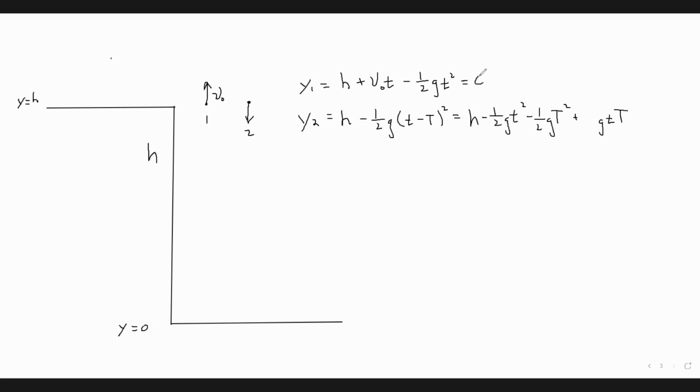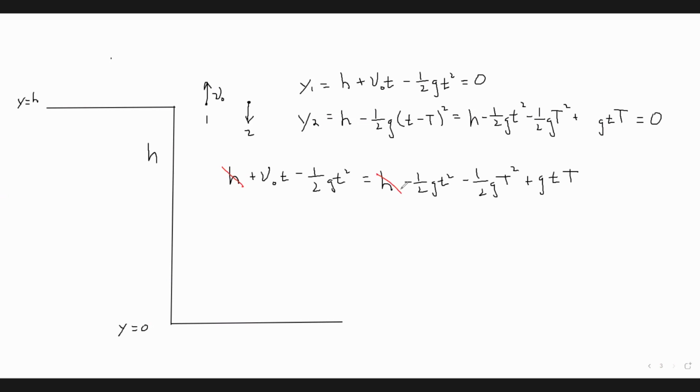So we get the equation h plus v0t minus 1/2 gt squared equals h minus 1/2 gt squared minus 1/2 g capital T squared plus g t capital T. And we have some things that we can eliminate.